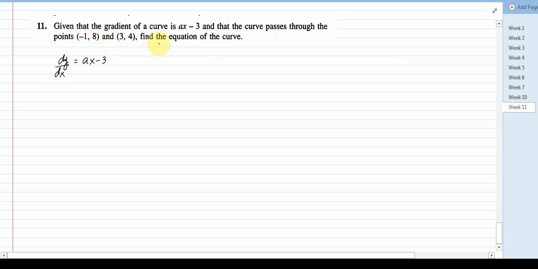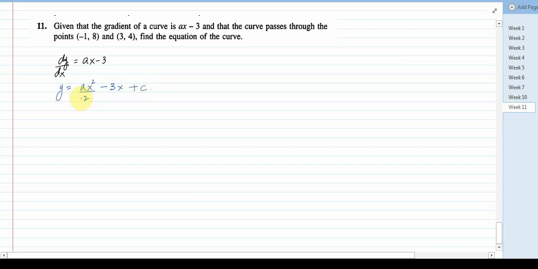Find the equation of the curve. Before that we need to find y, so we need to integrate it. When integrated, y equals ax² upon 2 minus 3x plus c.